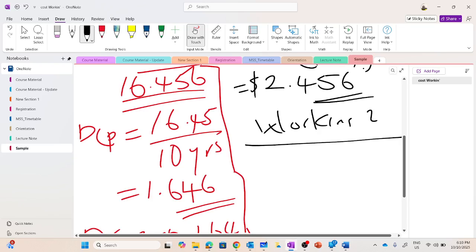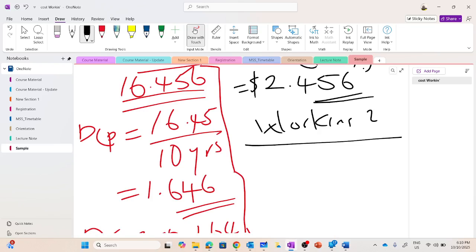So now we need to ask, how are we going to account for the difference between the 2.456 and the $4 million, which is very much important, because at the end of year 10 we are going to pay 4 million, but as of now we only account for 2.4.